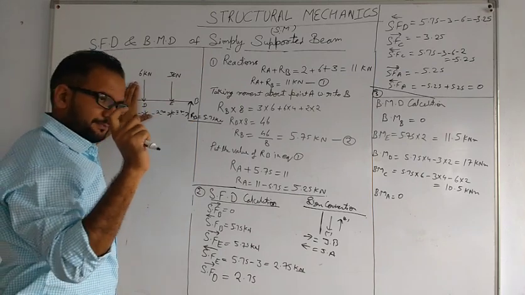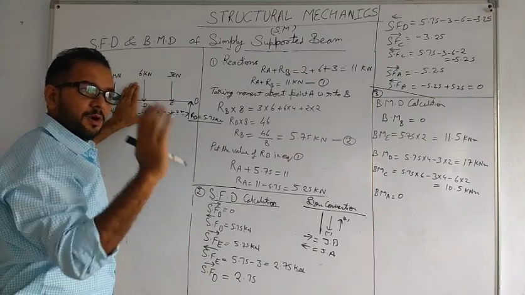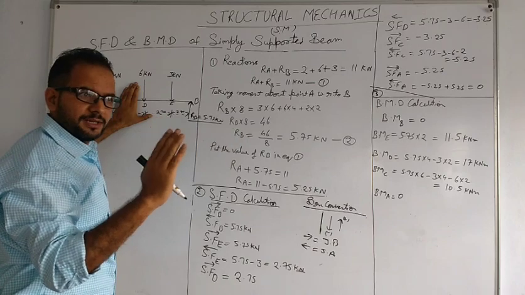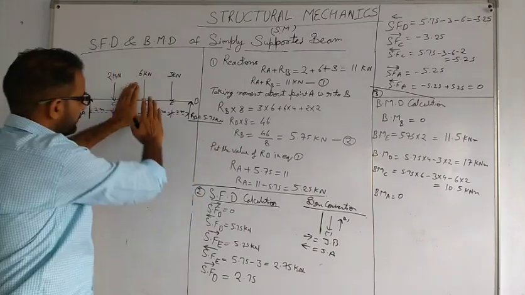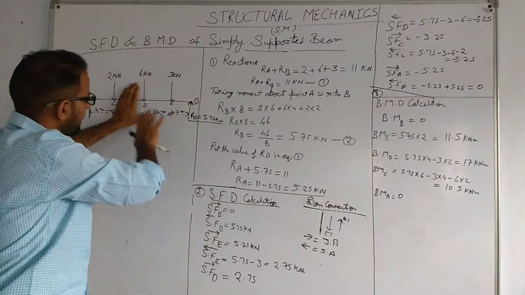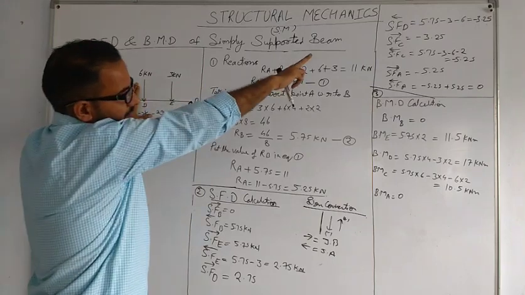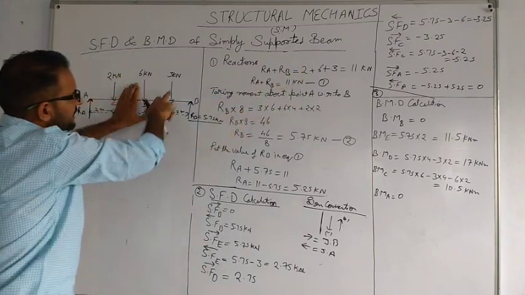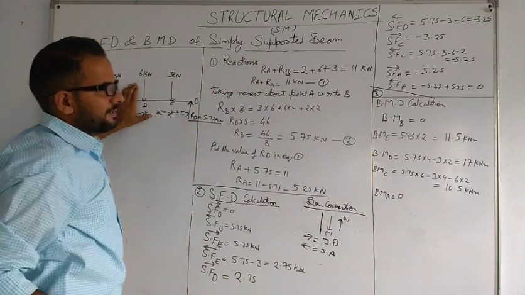Remember the definition of shear force: the algebraic sum of all loads working on either the right side or the left side of the section. So we are taking the right side of the section, where 5.75 is working, which is positive upward, then 3 kN downward, and then 6 kN again downward.